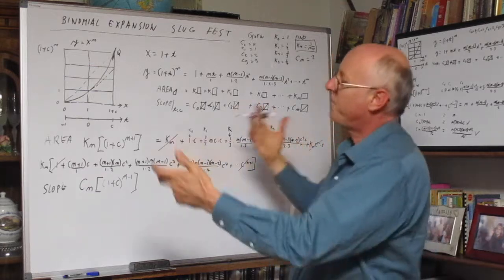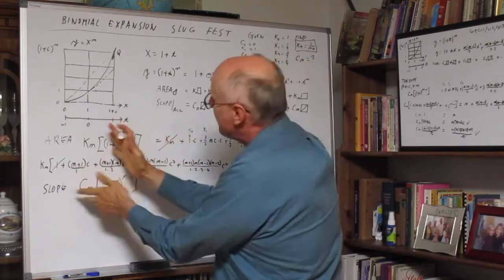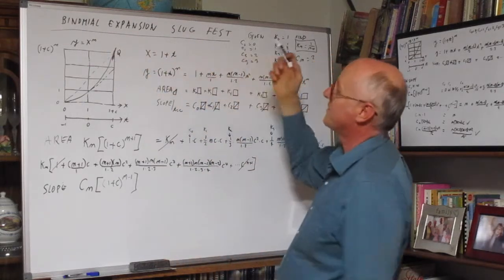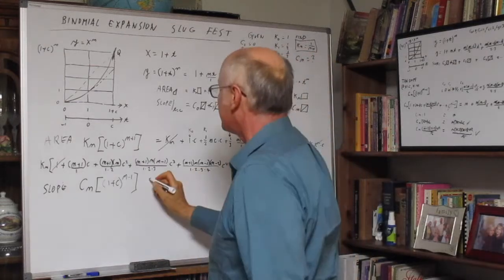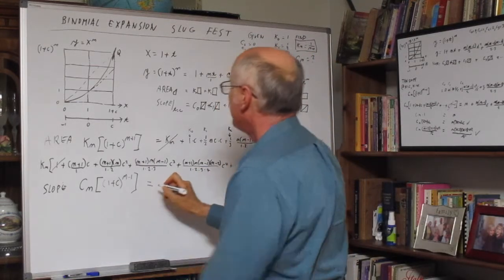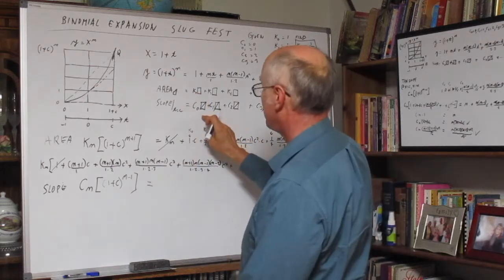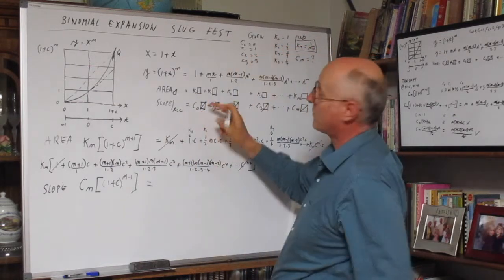But I want to proceed with t equals c just to see that similarity. We're doing a binomial expansion slug fest, so let's slug it out. Now from the t perspective, let's just do it. C0 is always 0, so you lose a term.